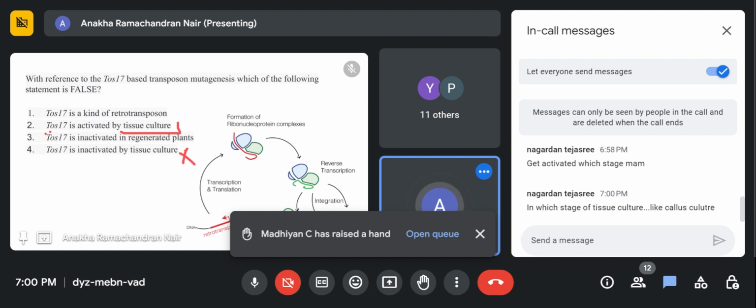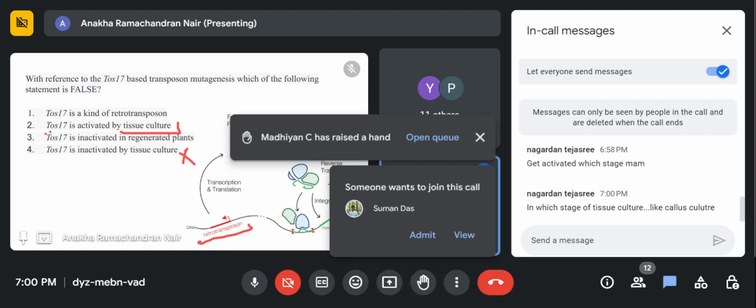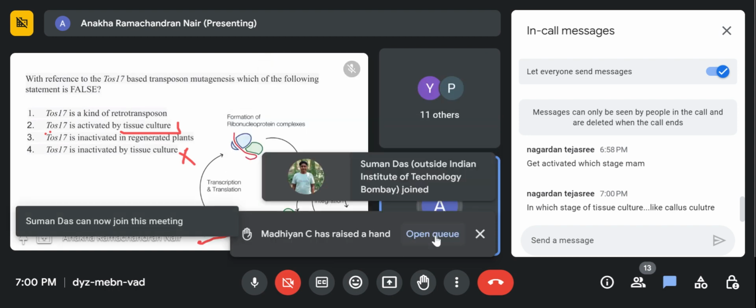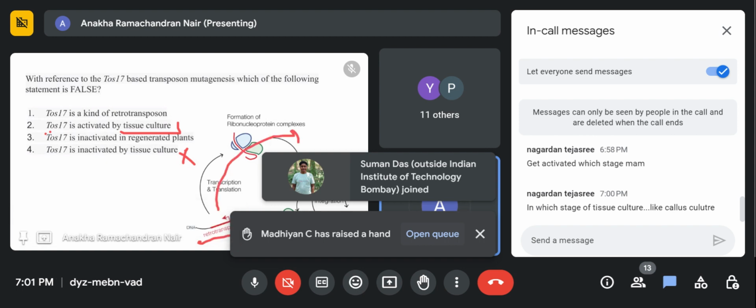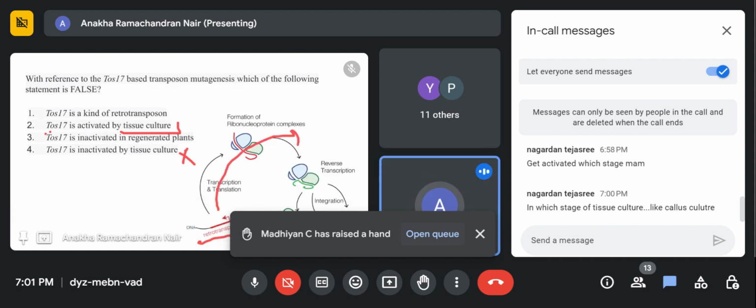A retrotransposon is a gene in the DNA that will be transcribed and translated to form something called a ribonucleoprotein complex, and this will reverse transcribe the RNA to DNA, which will then get integrated into a different portion of the genome.